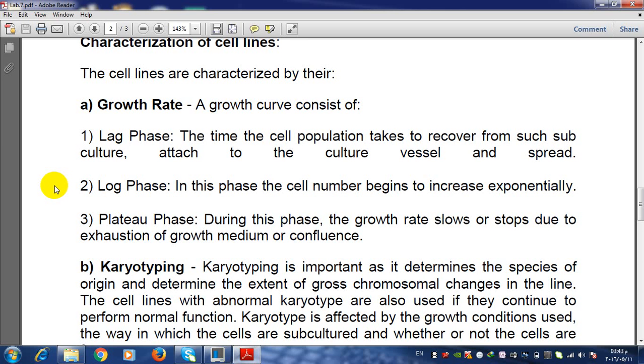Log phase. In this phase, the cell number begins to increase exponentially. Plateau phase. During this phase, the growth rate slows or stops due to exhaustion of the growth medium or confluence.